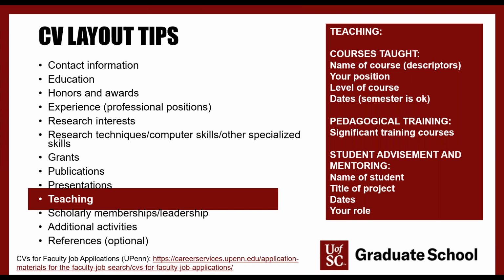Another section included in this part of the CV, student advisement and mentoring. Oftentimes, there's no advisement happening. A graduate student is not offering advisement, but perhaps you're offering mentoring. Perhaps you're working with a faculty mentor on supporting an undergraduate's Magellan application or Magellan funding or a research project, independent study, honors thesis.